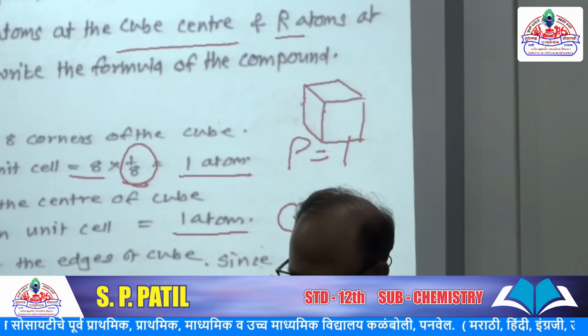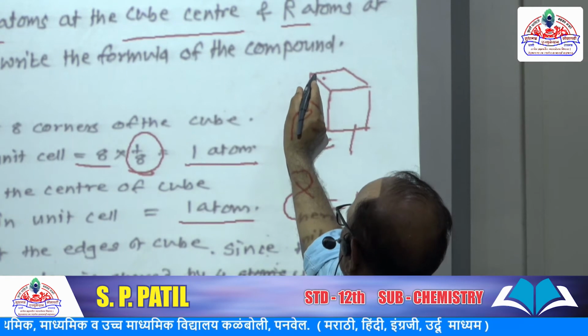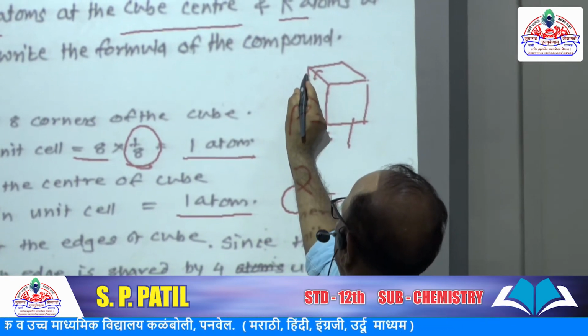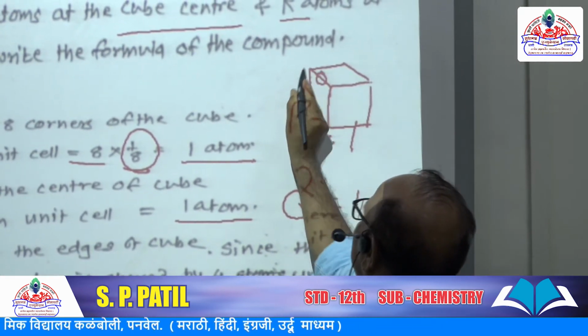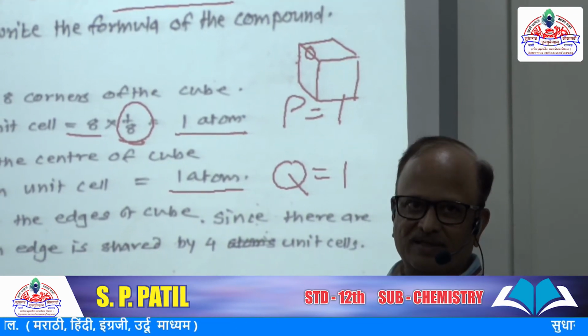So this is the cube, and at an edge of the cube, for example, one sphere, one atom is present.